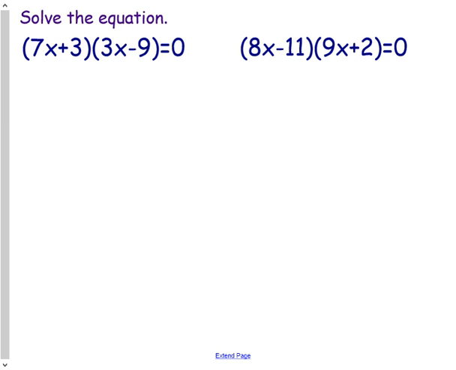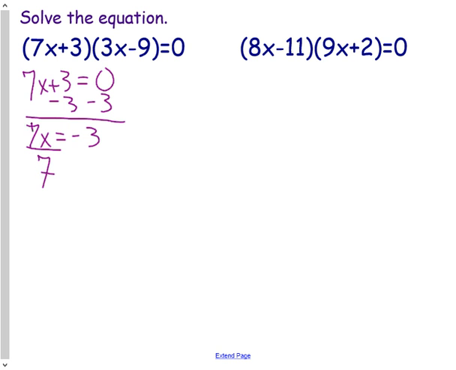Again, same idea here. 7x plus 3 equals 0. Minus 3 from each side. 7x is negative 3. And we get negative 3/7. 3x minus 9 is 0. 3x equals 9.